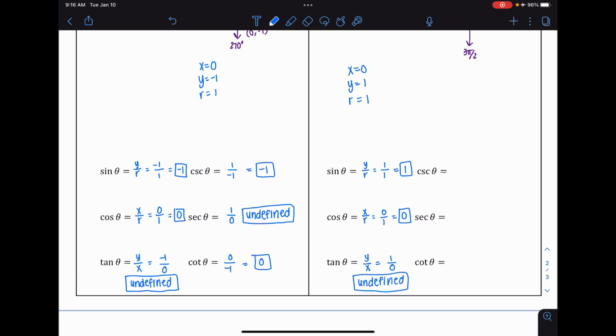And then cosecant is sine of theta flipped, so I get 1 over 1, which is again equal to 1. Secant of theta is cosine flipped, so I get 1 over 0, which is undefined because I can't divide by 0. And then cotangent of theta is tangent flipped, so I get 0 over 1, which is equal to 0.